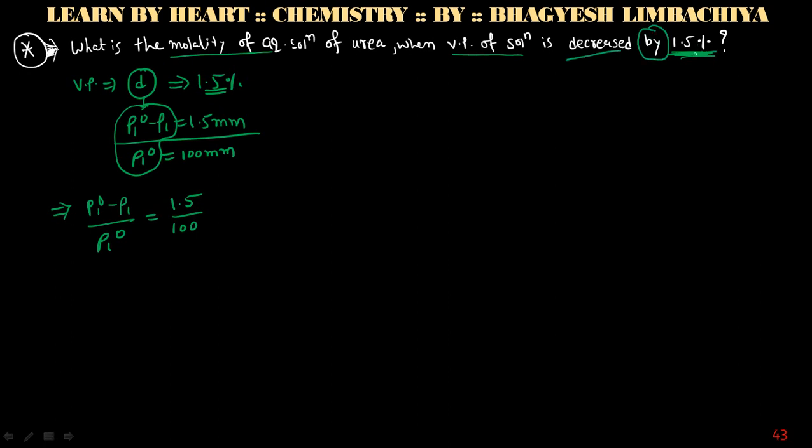To लिखा होता तो फाइनल, और by लिखा है तो मतलब डिक्रीज. ओके, अब राउल्ट्स लॉ के इक्वल्स में हम यहाँ पे क्या लिखते हैं? x of solute लिखते हैं, राइट. तो x of solute कितना होगा स्टूडेंट्स? 0.015.